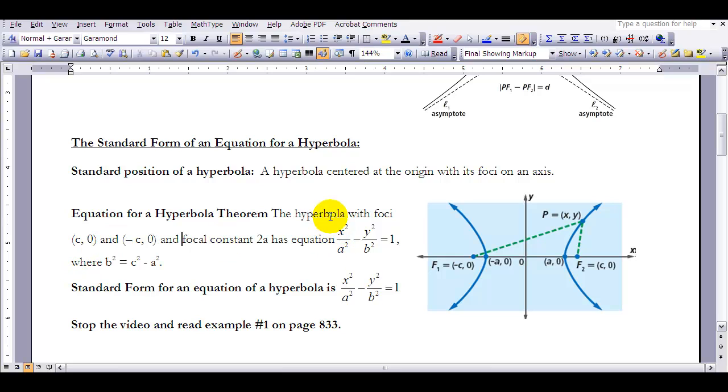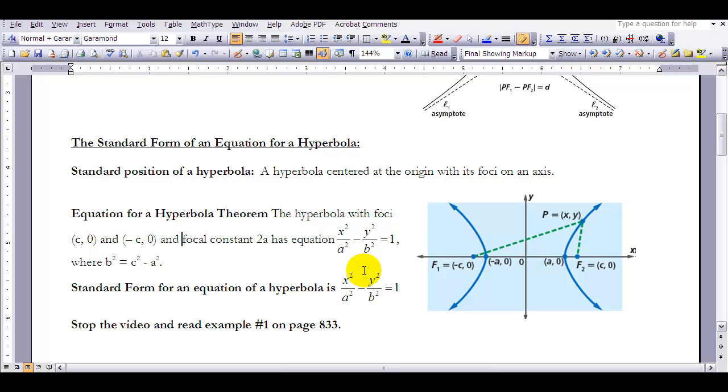Here is that equation then. It would be x squared over a squared minus y squared over b squared is equal to 1, knowing also that b squared will be equal to c squared minus a squared. The standard form for an equation of a hyperbola is that exact same form: x squared over a squared minus y squared over b squared is equal to 1.